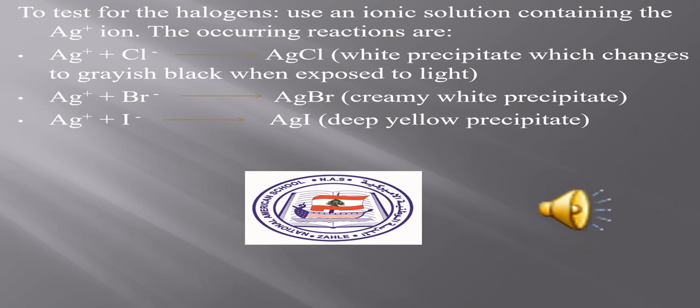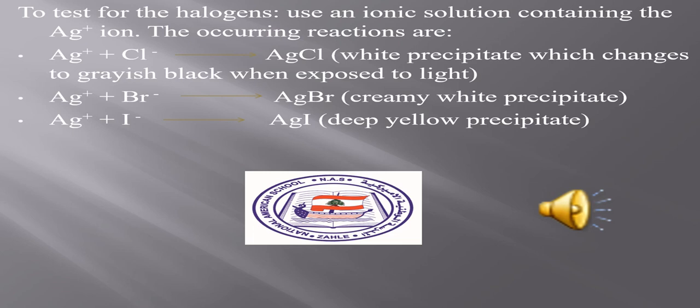Any solution that contains the Ag+ can do the job. So the occurring reactions are the following ones. If the organic compound contains the element chlorine, then the reaction is simply Ag+ plus Cl- producing AgCl, which is a white precipitate which changes to grayish black when you expose it to light.